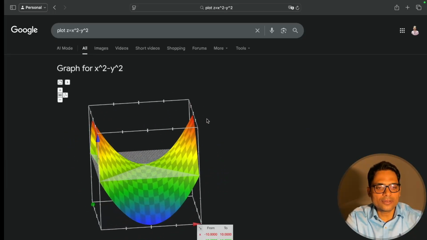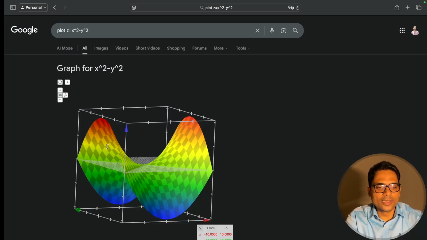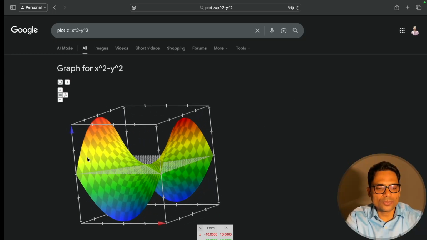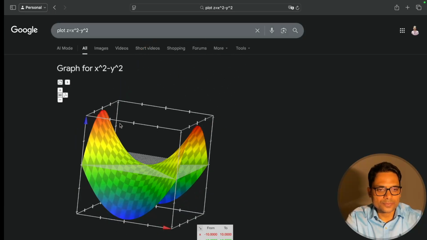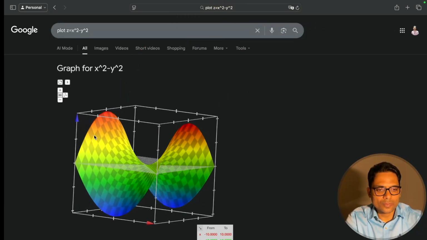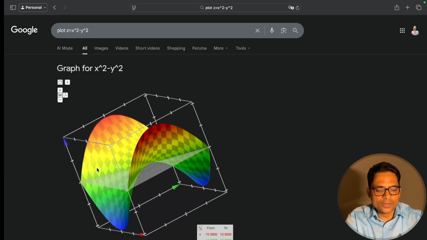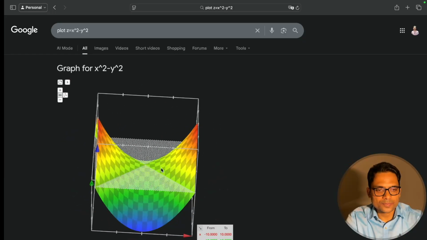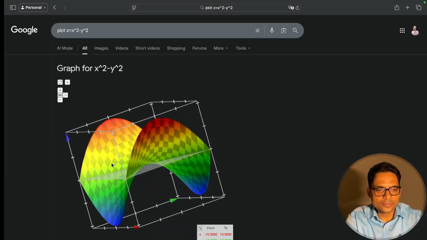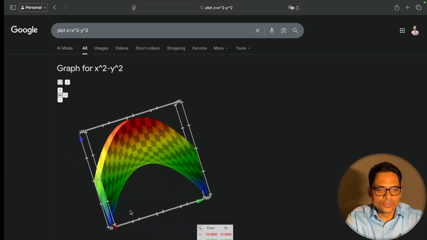This is like a saddle where you put one side on the horse and you put both your legs on the other side. So rotate it and see. If you see here this point 0, 0, this is nothing but your maxima, the maximum point with respect to y.